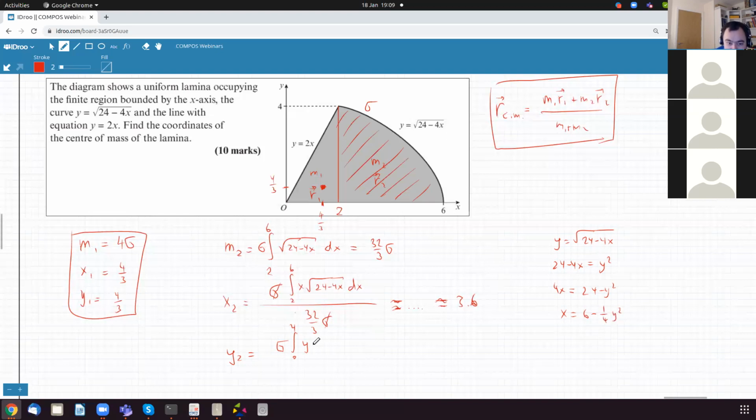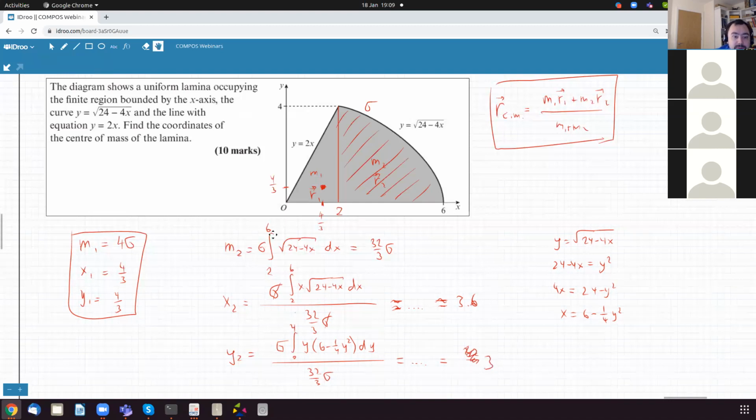So that is y times 6 minus a quarter y squared dy, divided by the mass, and the mass, yet again, is 32 over 3 sigma. So you are left with 3.